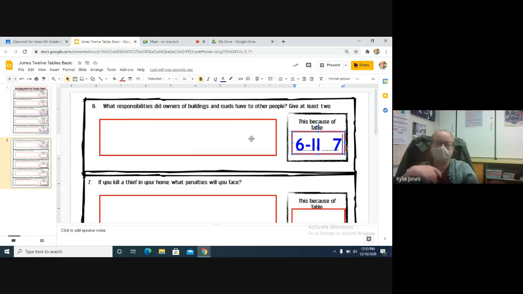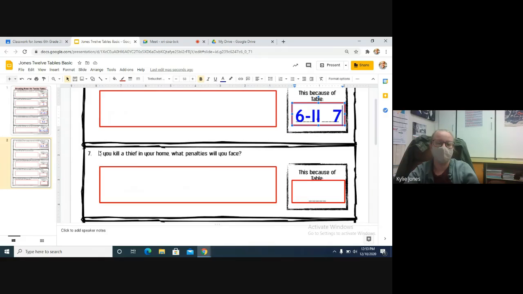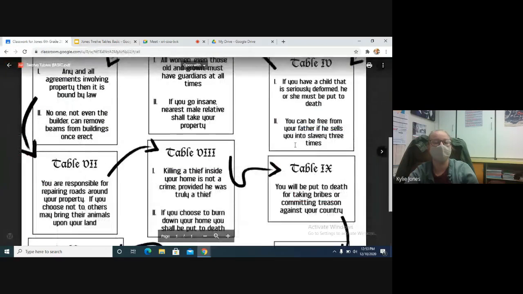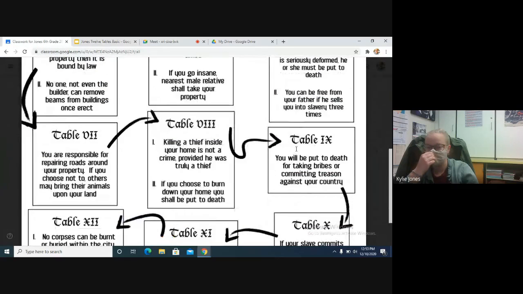All right. Number 7 says, if you kill a thief in your home, what penalties will you face? What table is that part of? Table 8.